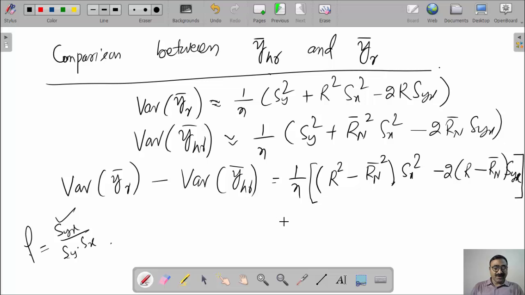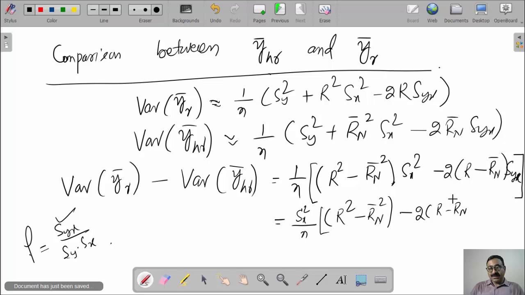So this will be equal to 1 by n, and we can take Sx square common: Sx square by n into R square minus Rn bar square minus 2 R minus Rn bar into Syx by Sx square.